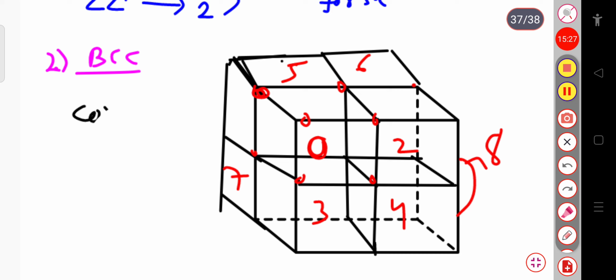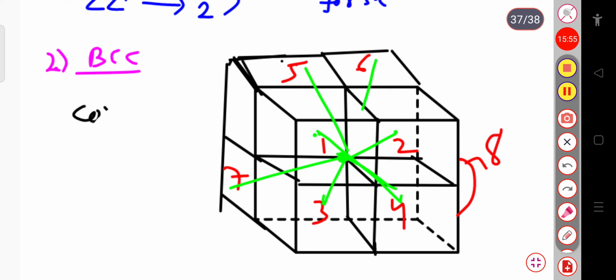Now suppose I am considering this corner atom. For this corner atom, the body centered atom present in the first unit cell, in the second unit cell, the third, the fourth, and similarly the fifth, sixth, seventh, and eighth, are all equidistant.